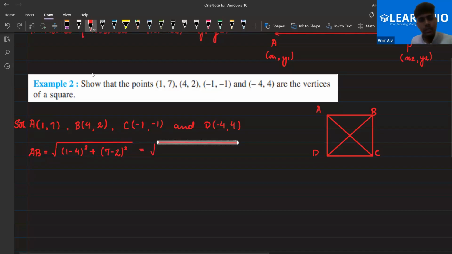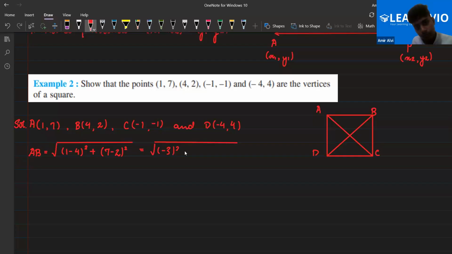So 1 minus 4 is negative 3, plus negative 3 square. 7 minus 2 is 5 square.